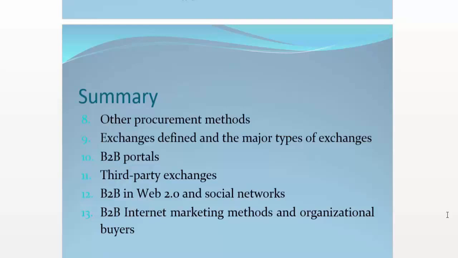Third party exchanges are sites that maintain a database of all the suppliers who are credible, who have a good track record, and who are in good business terms with other business people.